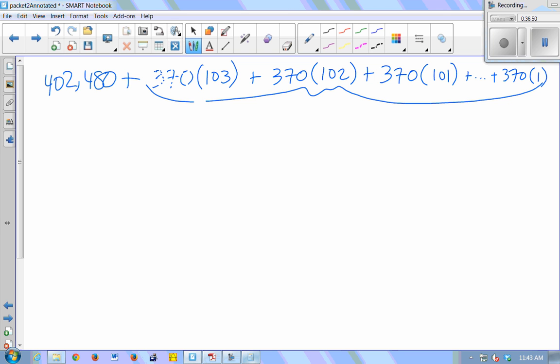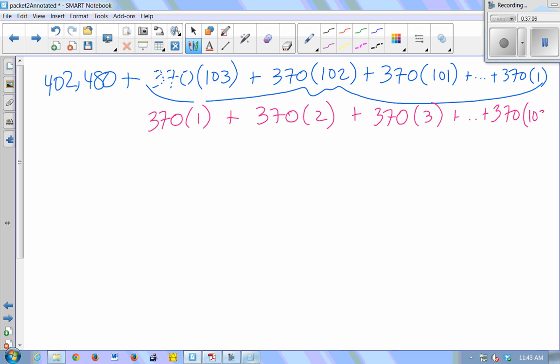So I'm going to put 370 times 1 plus 370 times 2 plus 370 times 3, plus, the biggest one is 370 times 103, right? So I've written that sum forwards and backwards. So I'll keep this 402,480 there.